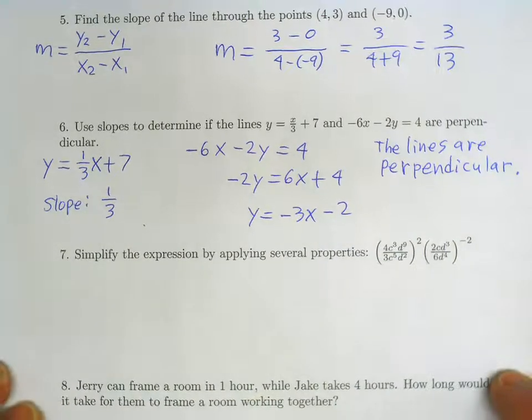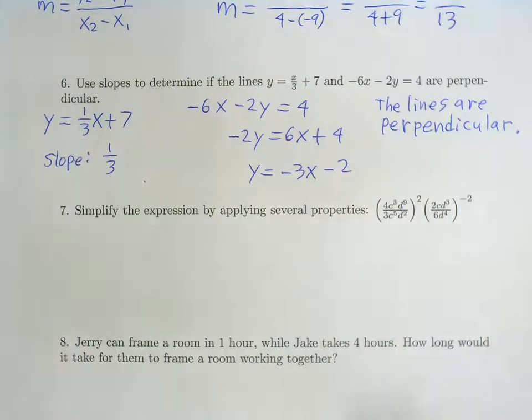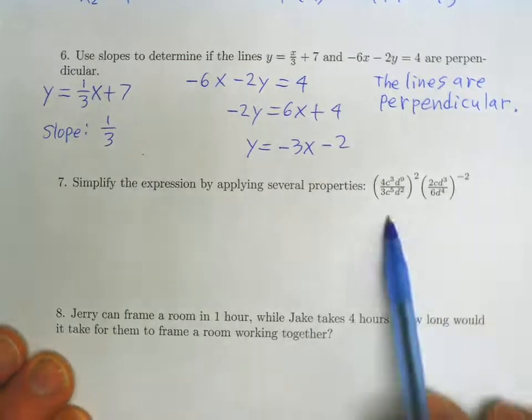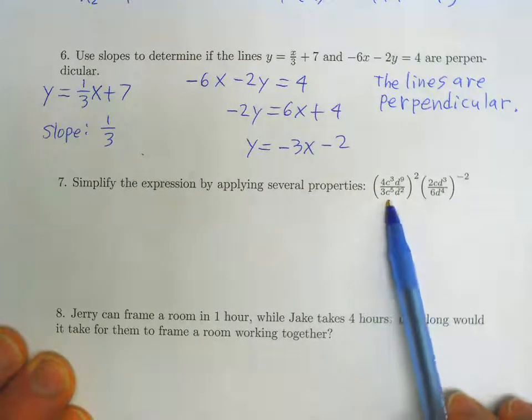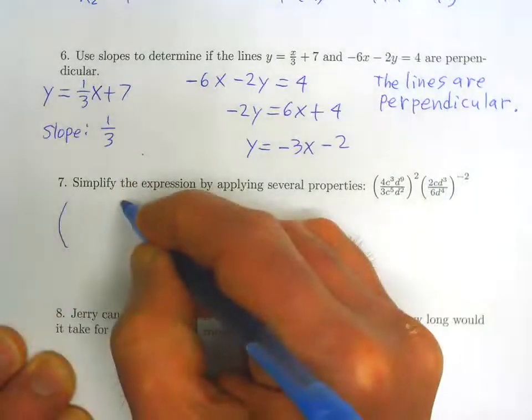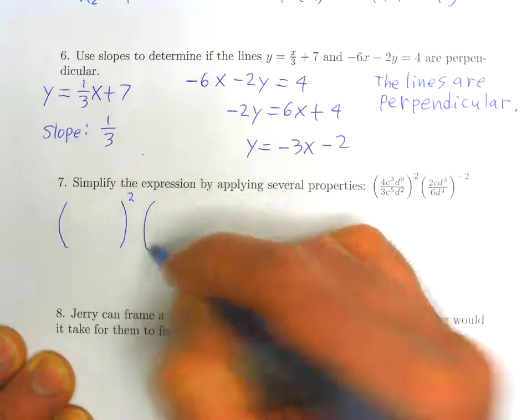Okay, in the next problem, simplify the expressions using properties of exponents. So the way I'm going to start, I'm going to simplify what's inside each set of parentheses first, and then afterwards we'll apply the outer exponents.